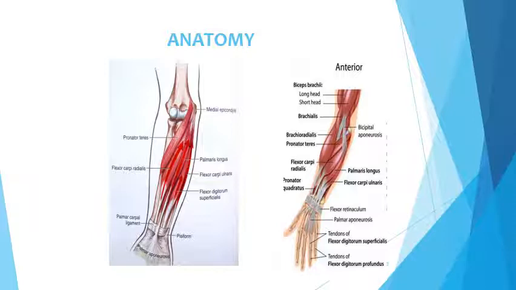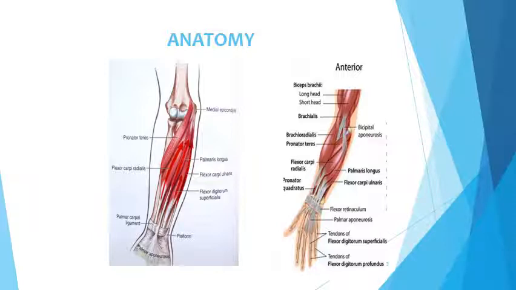But deeper to them lies the FDS, flexor digitorum superficialis, and FDP, flexor digitorum profundus. The superficialis muscle splits into tendons and runs superficially through the carpal tunnel and the transverse carpal ligament, just underneath them.